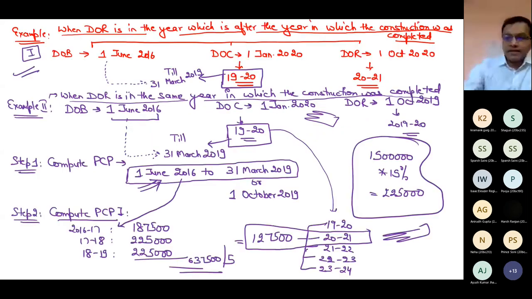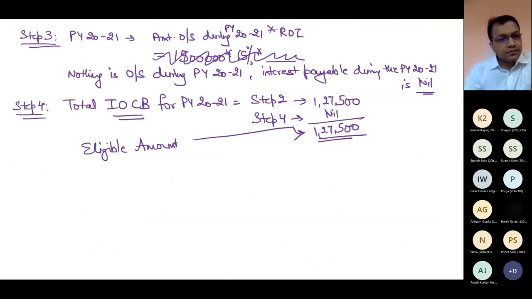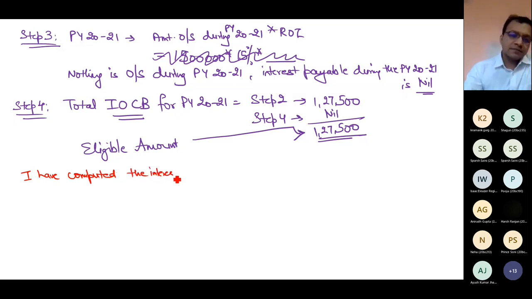1 April 19 till 1 October 19. Yes, I have calculated it. Who is saying that I have not calculated? But that year was not mine. Which year would it have been calculated in? What you are saying is right, I have computed the interest, but that is not required in my year. I have computed the interest of step 3.